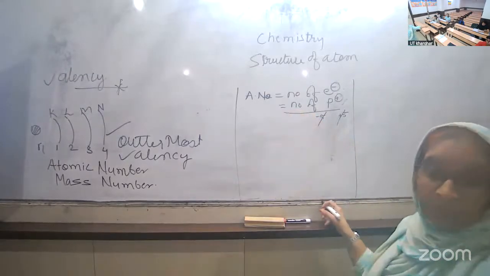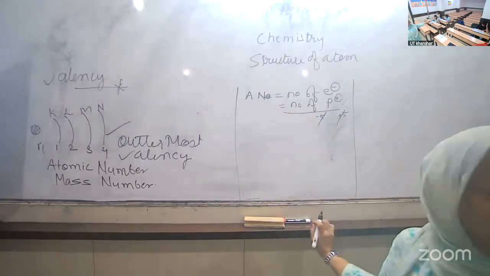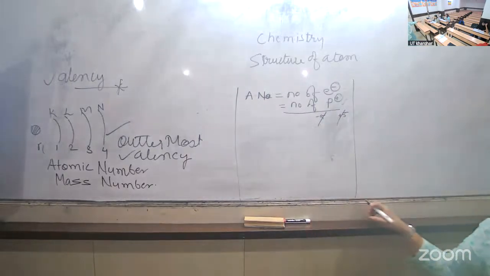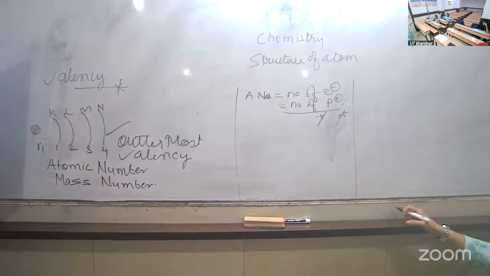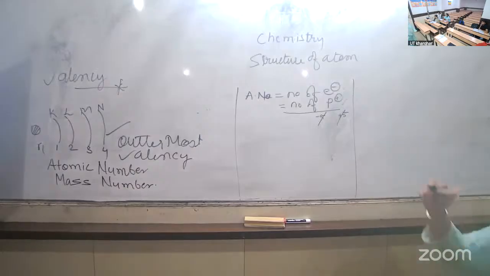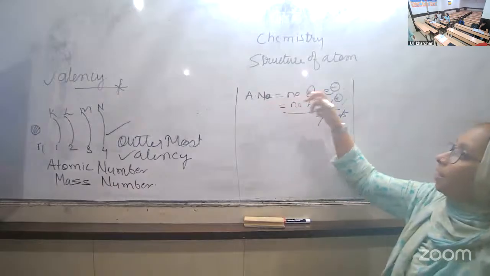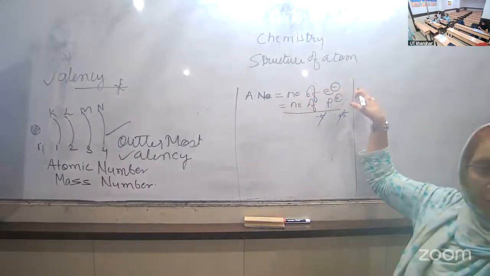Whichever example, 20 elements you have written right now in valency, whether any charge was there on the atom? Atom पे कोई charge था? Charge भी I put after transfer of electron. बराबर है ना?